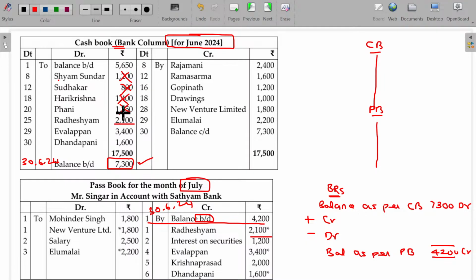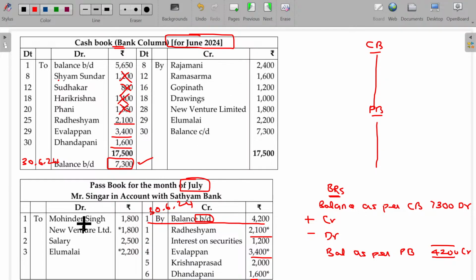So this is the first reason for the disagreement. Ilavappan is also here. Okay, also one more reason. Dandabani is also here, also a reason. Those things are matching, as this is for the June month and this is the July month. Matching items are recorded in June itself in the cash book, but not recorded in the June month passbook value. So those are the reasons for the disagreement.